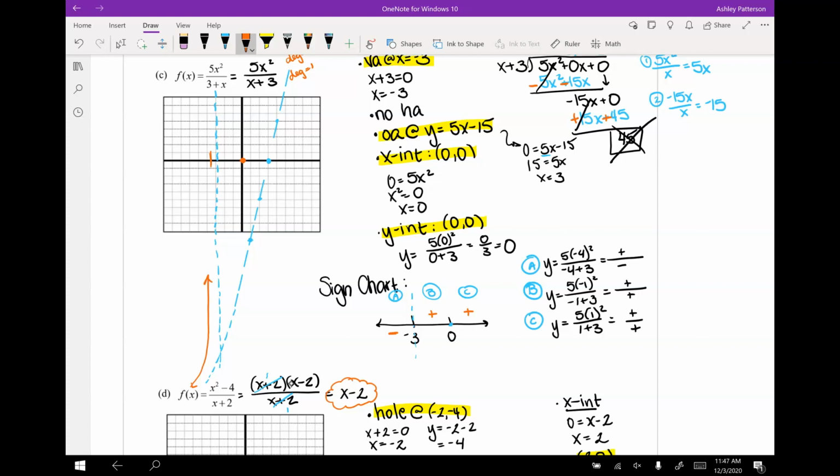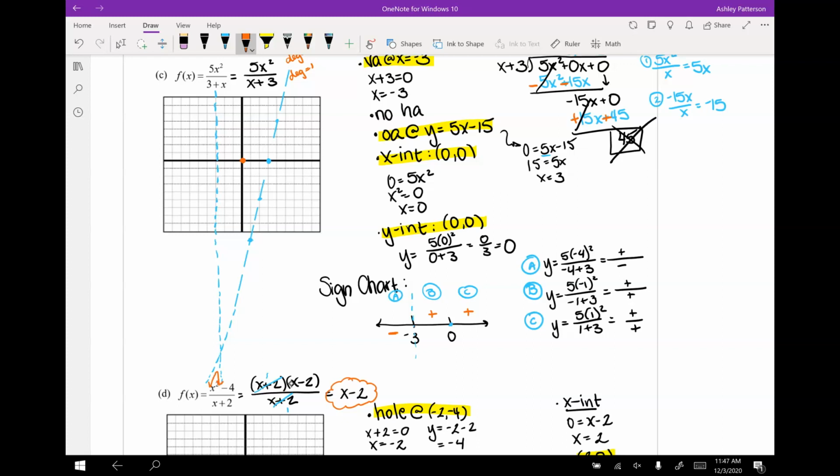There's 2 problems with that. Number 1, I don't have an x-intercept. Number 2, I would then have positive y values up there, and that's not what my sign chart says. My sign chart says that my y values corresponding to the x values to the left of that vertical asymptote are negative. So we exist here. We exist within this tiny little piece.